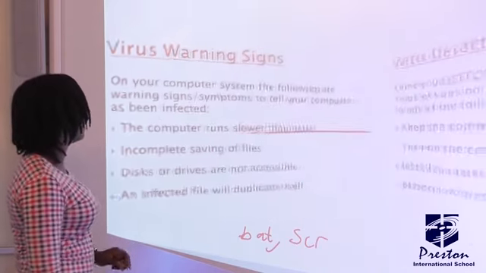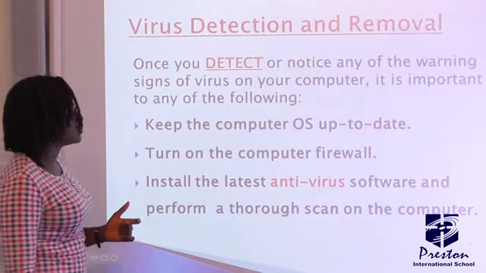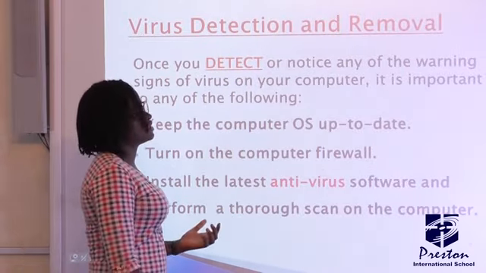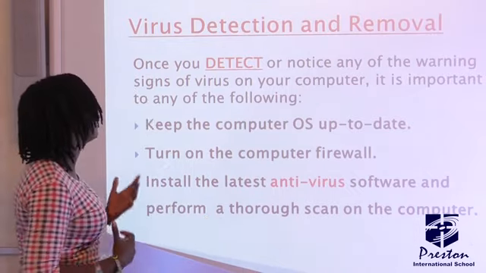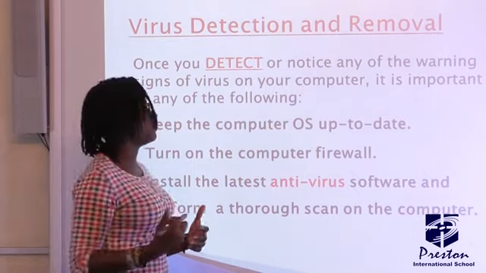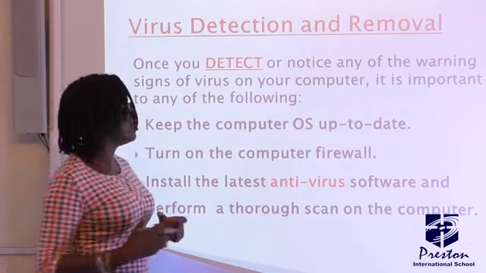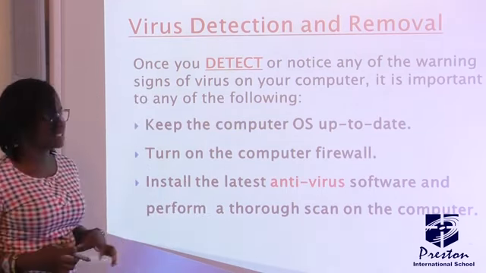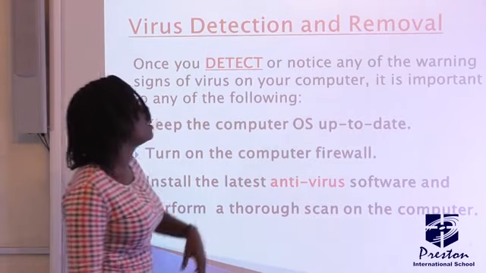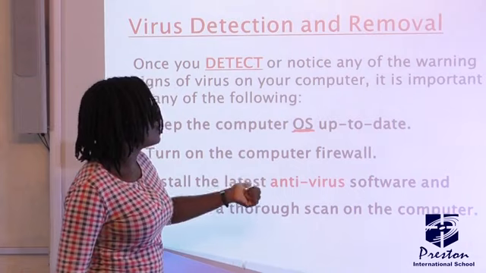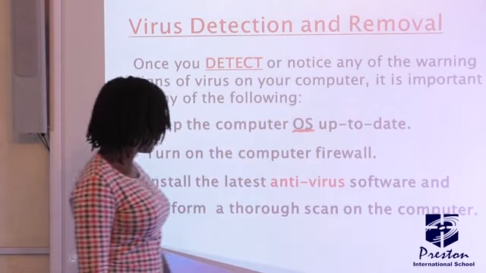The next thing here now is how do we detect it and how do we remove it? Just like I've explained earlier, since you can know those signs, you need to remove them. Of course, before you can remove them, you need to put something in place. One, keep the computer operating system, that's what we mean by OS, up to date.